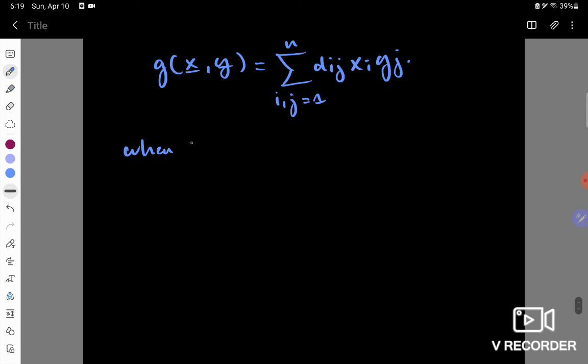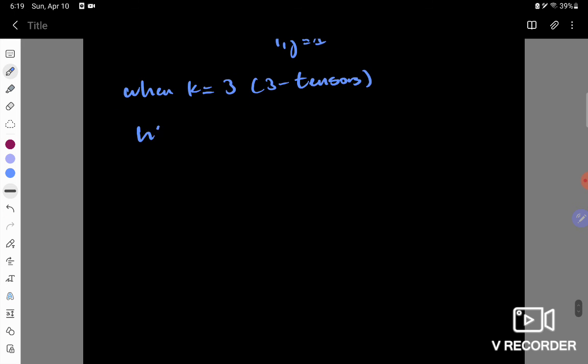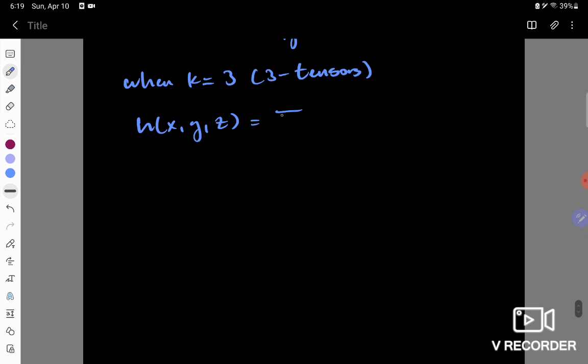We'll look at when k equals 3, just to give you a sense of that pattern now. We have 3 tensors on Rn. We have, let's say, h now of x, y, z. I'll omit the underlining because I think it's clear that we're just taking over vectors.